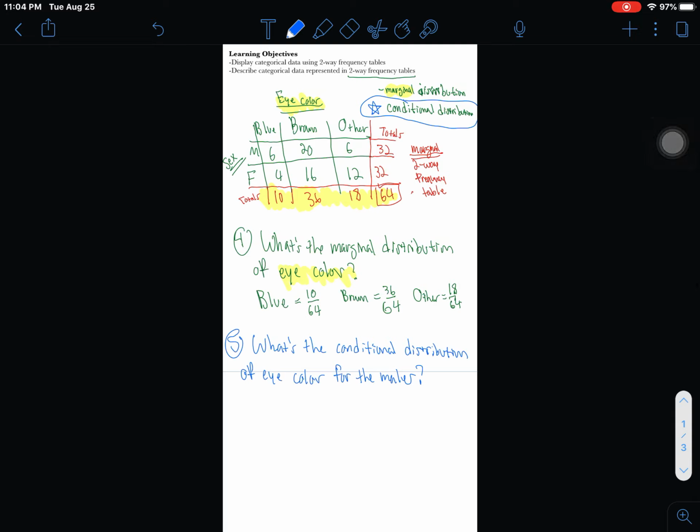We have blue being 6 out of 32 males. We have brown being 20 out of 32 males. And we have other being 6 out of 32.